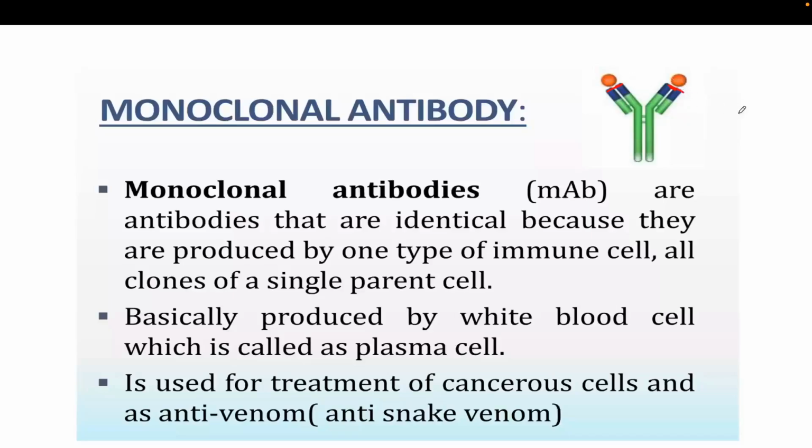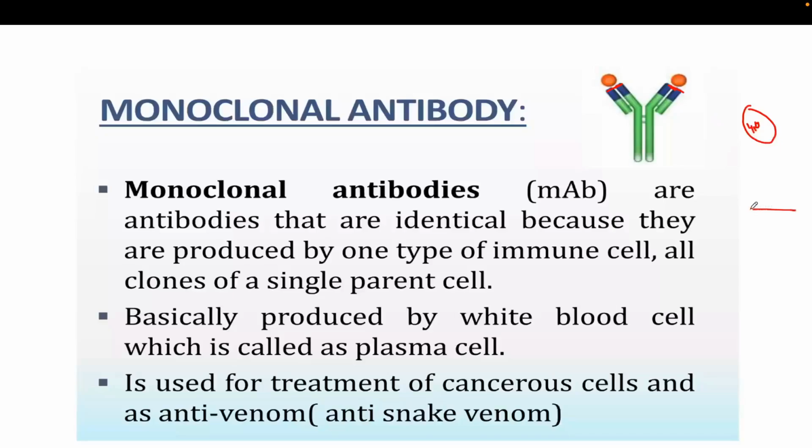And what are polyclonal antibodies? Suppose in your blood there are different types of antibodies present, and each antibody has specificity toward a different type of antigen. Monoclonal means this antibody has a single specificity toward the antigen.